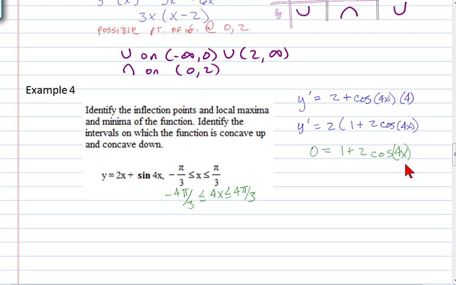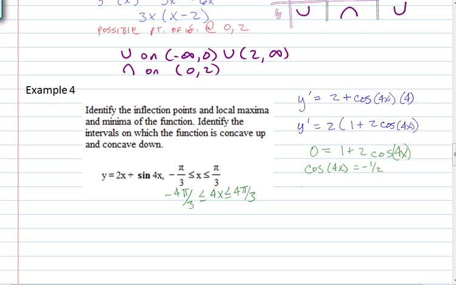Well, the domain for 4x is going to go from negative 4 pi over 3 to 4 pi over 3. So subtract 1, that's going to be negative, divide by 2. I get cosine 4x is equal to negative 1/2.